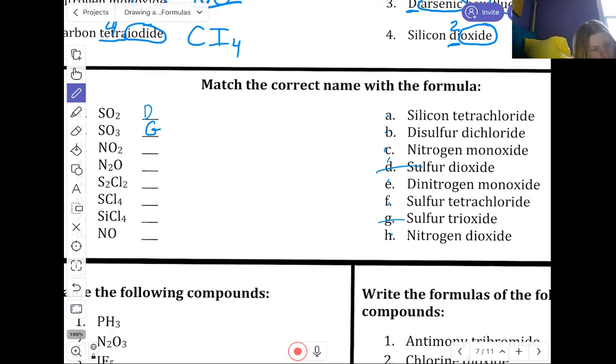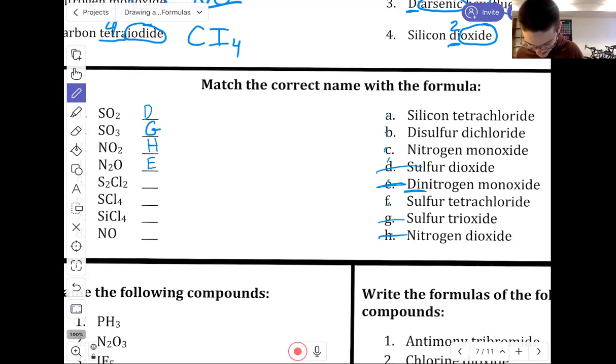H. And N2O? E, dinitrogen monoxide. All right, so it does matter where you put the di. It's a completely different formula. If you put it with the oxygen, it's NO2. If you put it with the nitrogen, it's N2O.